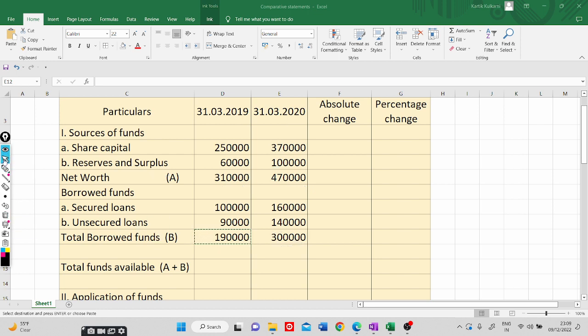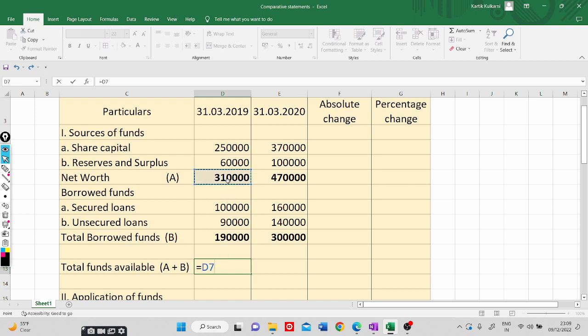We can get the total funds. So A plus B is total funds available for 19.